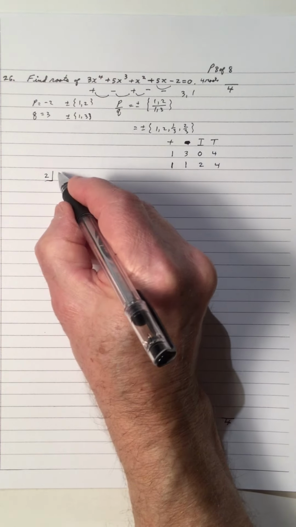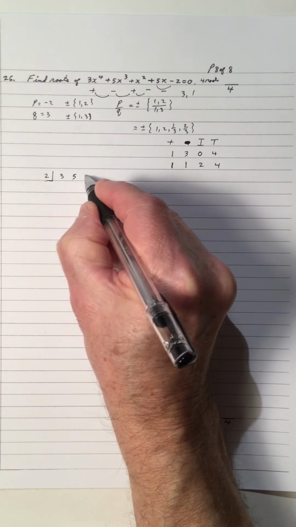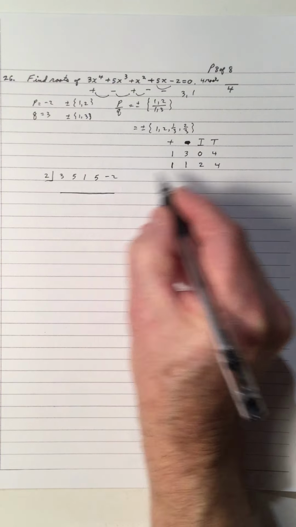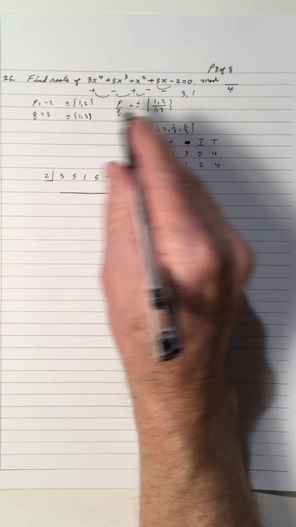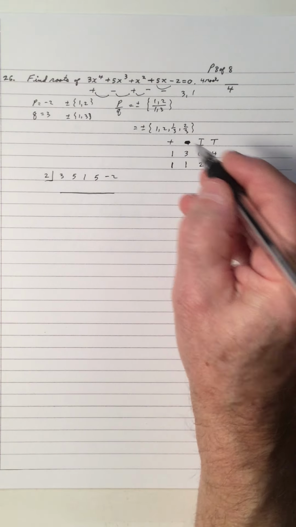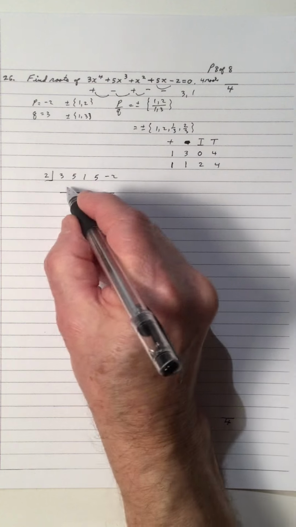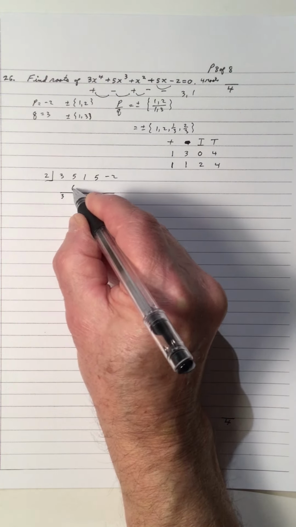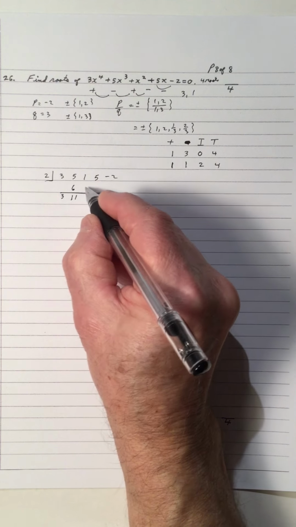We check the 2 into 3, 5, 1, 5, -2. So right now 1 is not a root because it doesn't add up. So I'm checking the 2 as a positive. Bring down your 3, multiply. You get 6. Add, you get 11.